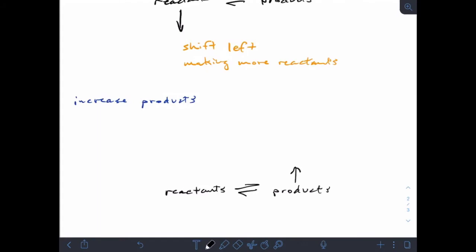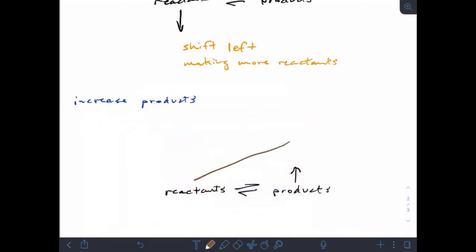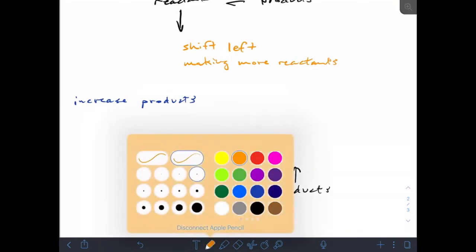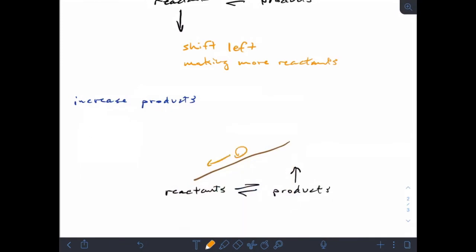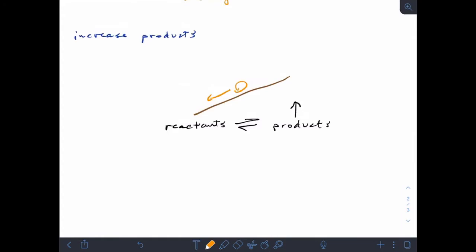I'm going to push up on this side of the plank. My plank will tilt this direction, and the ball rolls downhill. So if I increase products, I shift left to make more reactants.